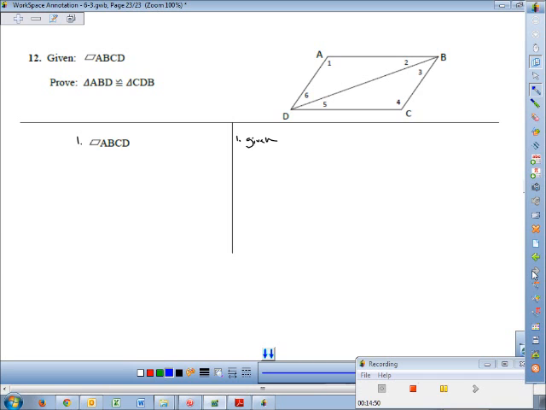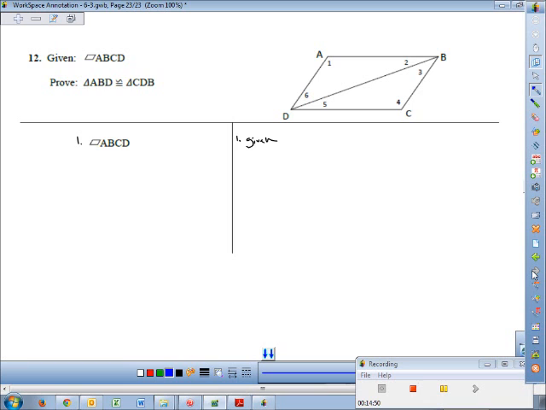Well, let's brainstorm. How could we prove the triangles are congruent, knowing that we have a parallelogram? We can use the parallel lines, right? And then get what from the parallel lines? Angles. And there's also a friend in there. Who's our friend? There's a shared side in there.